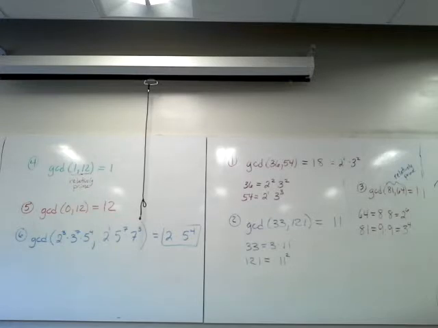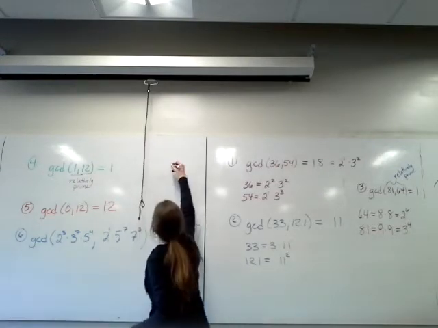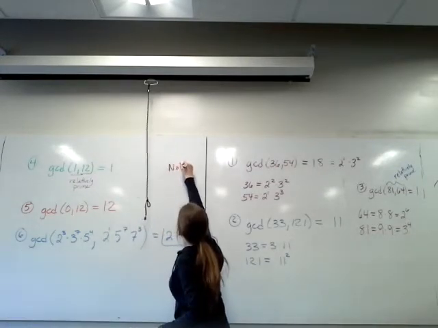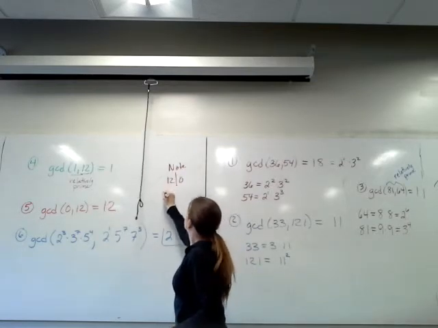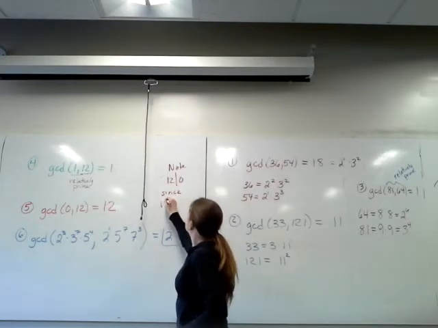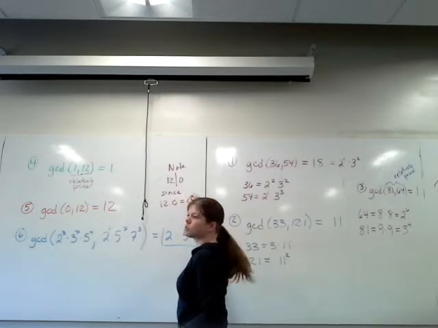It's just the one with a 0, the 12. So basically, if there's a 0 in any part of it, you can always just forget about it? Well, it's because every positive integer divides 0. So 12 divides 0 in particular, since 12 times 0 is equal to 0.